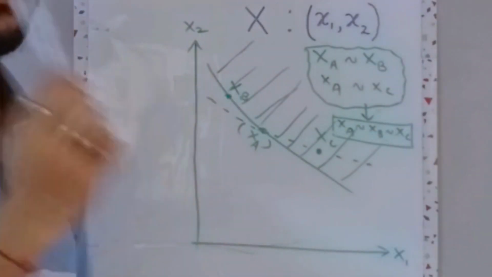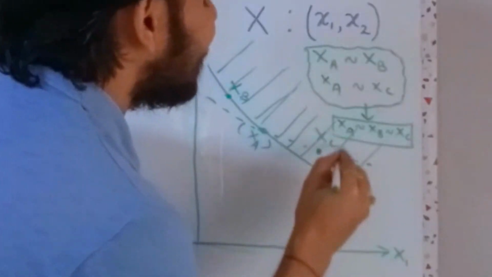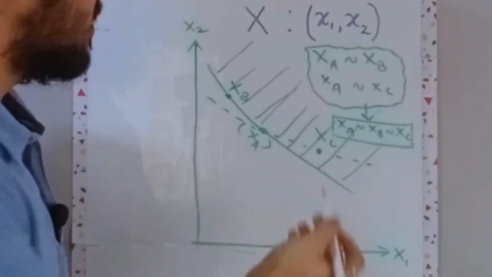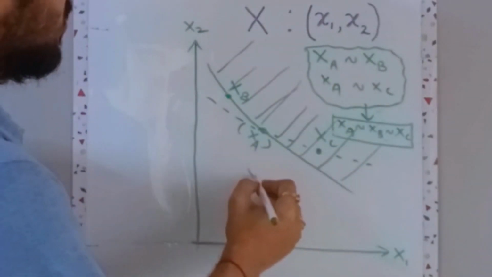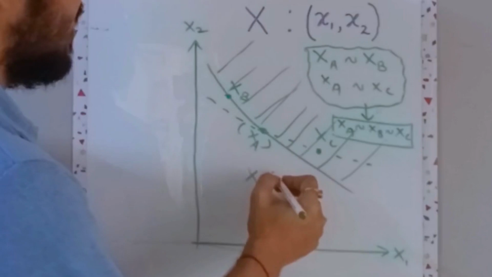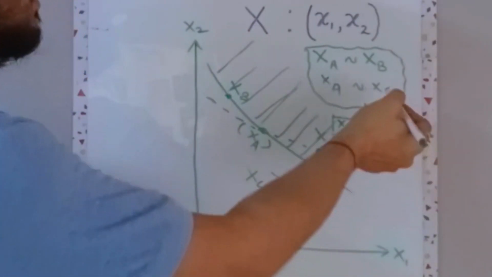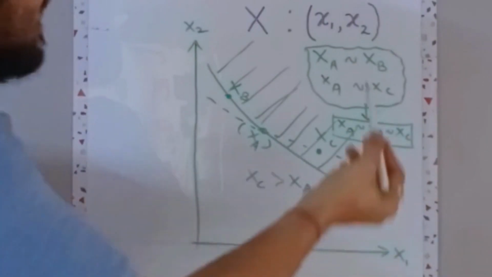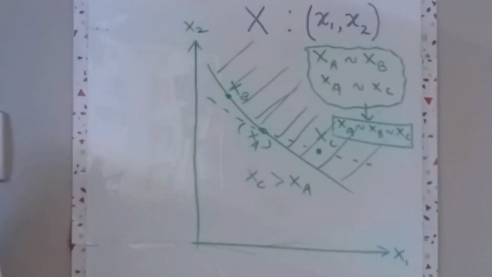So according to your weakly preferred set criteria, XC is not just weakly preferred, it's strictly preferred to XA. So according to this logic, we know that XC is definitely strictly preferred to XA, and according to the other logic you will say that XA is indifferent to XC, which makes no sense.